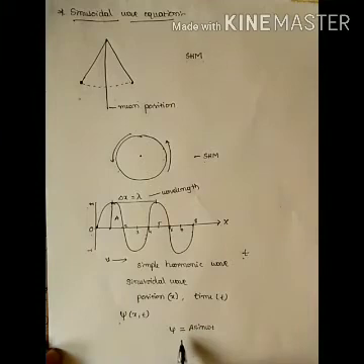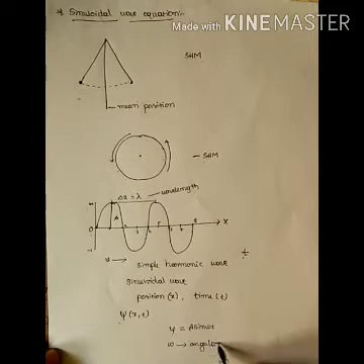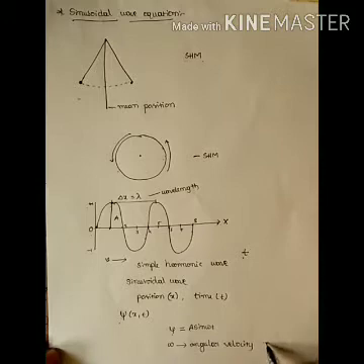This is called the sinusoidal wave equation, where xi, as listed earlier, is the wave function, a is the amplitude, omega is the angular velocity, which is mathematically 2 pi nu, and t is time.